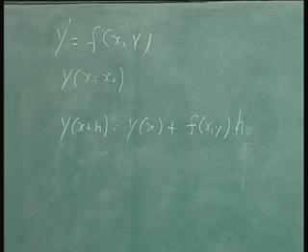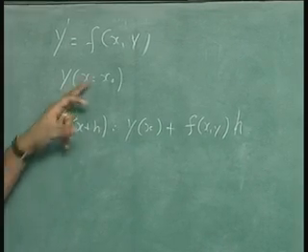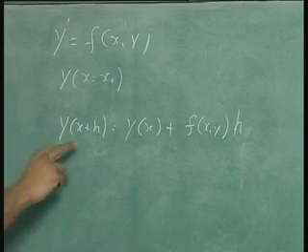And so that is one method which we called Euler's scheme, and then we can go starting from x0 to the other end of the interval which you are interested in.